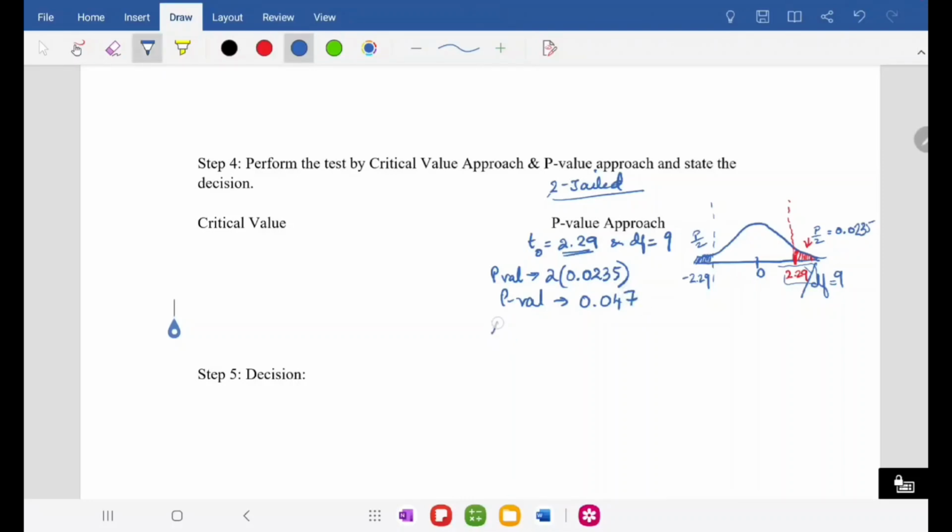The final step, you compare p and alpha. So the question you're asking is, is p less than alpha? p is 0.047, alpha is 0.05. So p is less than alpha. Yes. Therefore, we reject the null hypothesis.